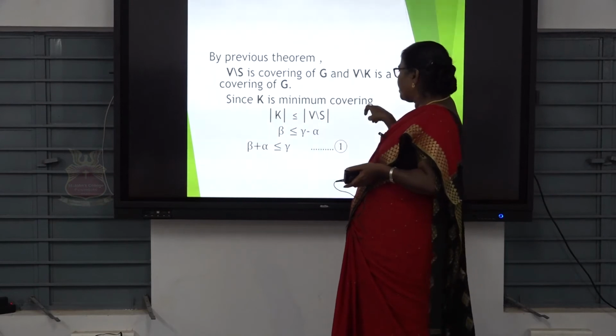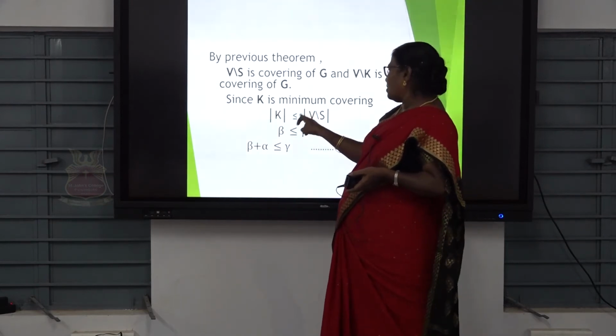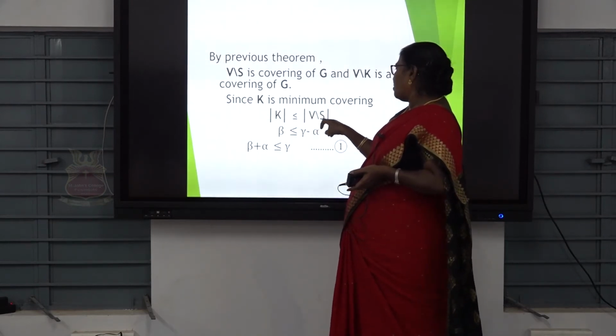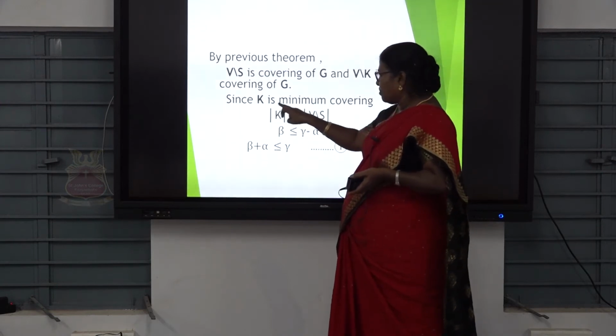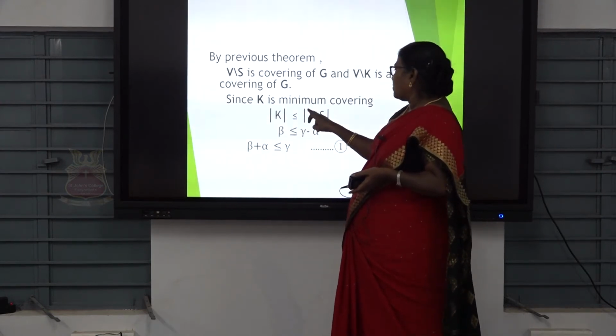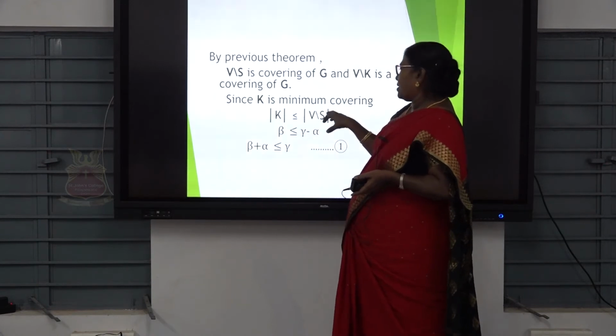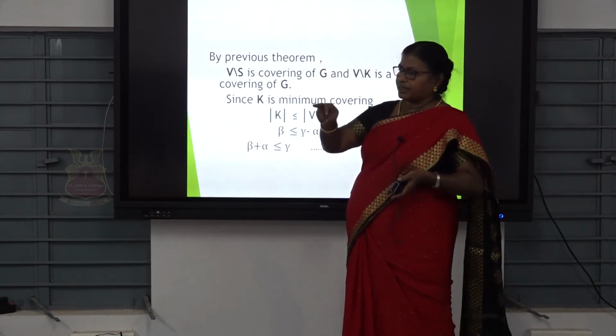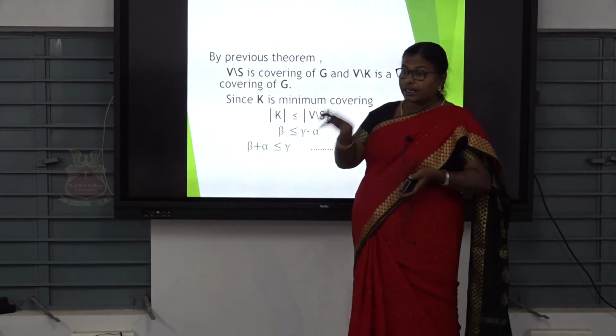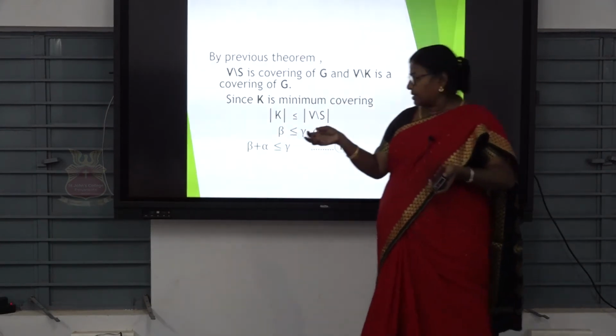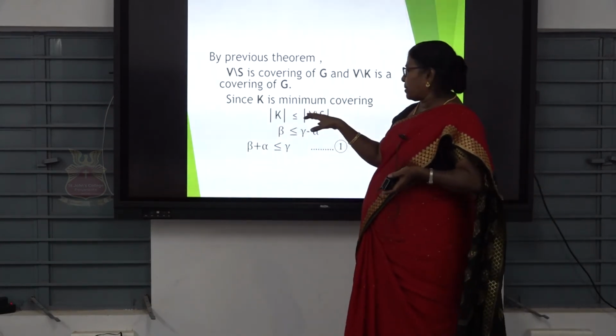Since K is the minimum covering, modulus of K will be less than or equal to modulus of V minus S, because K is the minimum covering set. It will be less than any covering, because S is an independent set implies V minus S is a covering. It's not a minimum set, so minimum or maximum, nothing is given.